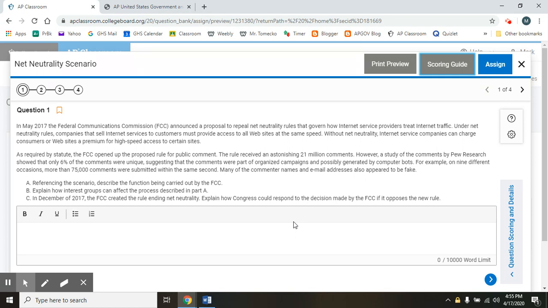So that's what they would be looking for there in Part C. It's actually a rather simple idea. Congress could pass a law. Okay, we know that's Congress's most basic function. Now it's just important that we connect it to this scenario. Congress could pass a law that would change the FCC's rule, restore net neutrality. Okay, so notice each of those responses is actually rather simple.